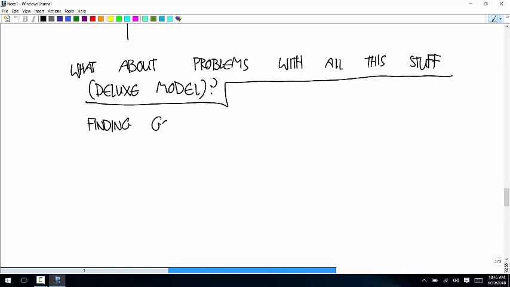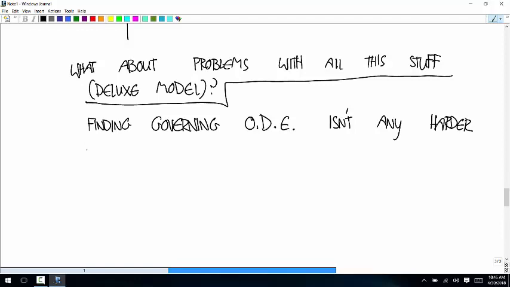So finding the governing ordinary differential equation isn't any harder than these cases. It's just harder to find a closed form solution.